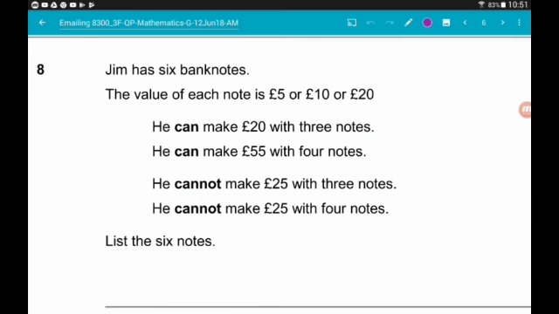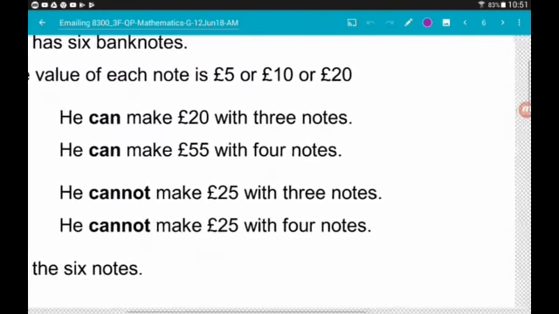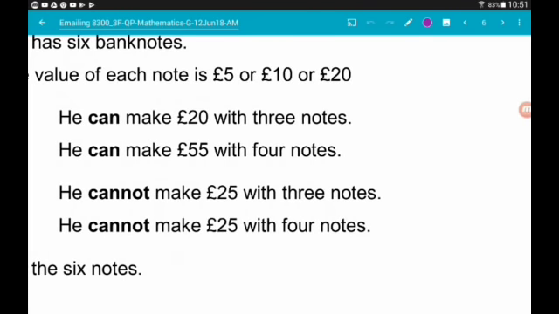So, going in from the top, he can make £20 with 3 notes. So there's only one way that we could do that. We can go £5, £5, and £10.